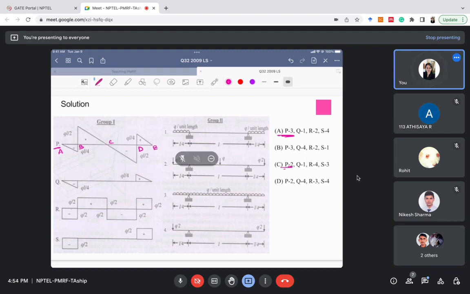Do you want to guess what should be the answer here? It should be 2 or 3. Okay, let me tell you then. At section AB, the slope of the shear force diagram is negative and increasing.